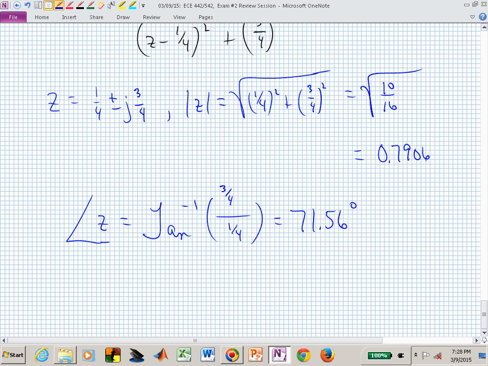You now know those poles are in the first and fourth quadrant. In the first quadrant, it's a distance roughly 0.8 away from the origin at an angle of 71.56. And that 71.56 is what we associate with theta sub d, the angle in the z-plane.